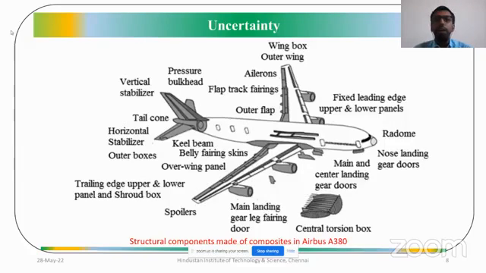We can see from this figure, starting from the radome, nose landing gear, thereafter wing, bulkhead, stabilizer, tail cone, spoiler, everywhere these components are made of composite. There are different types of composite: laminated composite, sandwich composite, functionally integrated composite. Depending upon the type of application, different types of composite are used. But overall, composite application is more than 50% in the aerospace industry.